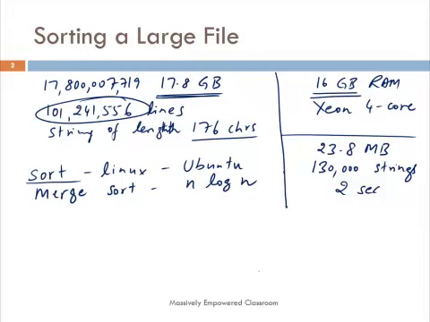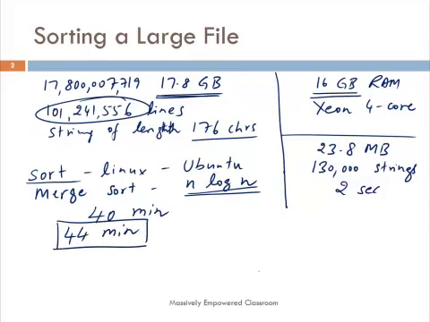Now, assuming it was an n log n algorithm, we did some simple extrapolation, and we thought this should take about 40 minutes. And we ran it, and in fact it took only 44 minutes. So the machine could sort these 101 million strings in 44 minutes, which was quite reasonable because we had to do it just once. It's not something we are going to do repeatedly during runtime.